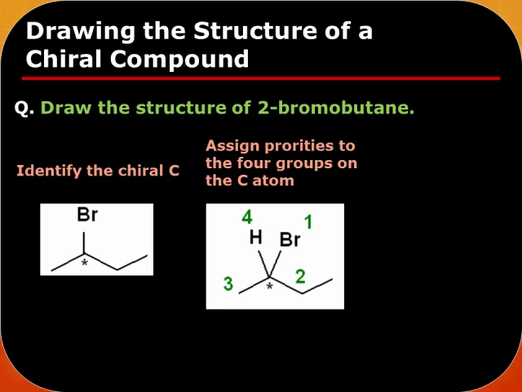So here between 2 and 3, the second one has the longest chain. That means it's an ethyl group, so it will have the second priority. And the third one being the methyl group will have the third priority. And finally only the hydrogen is attached, so it will have the 4th priority.